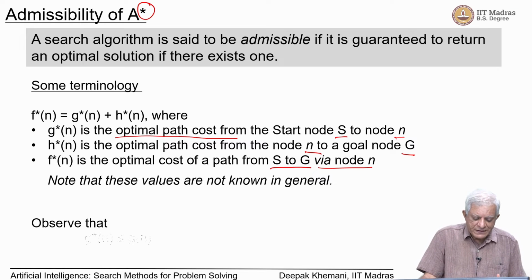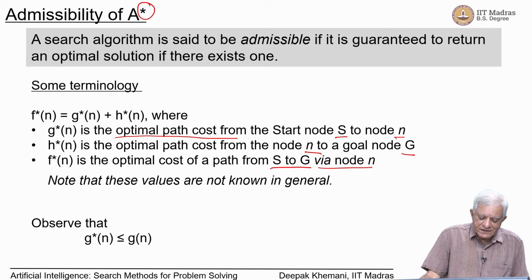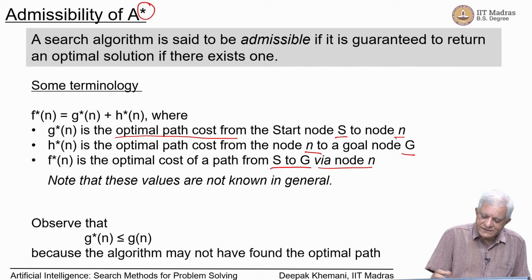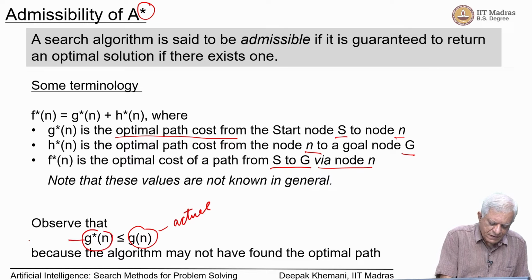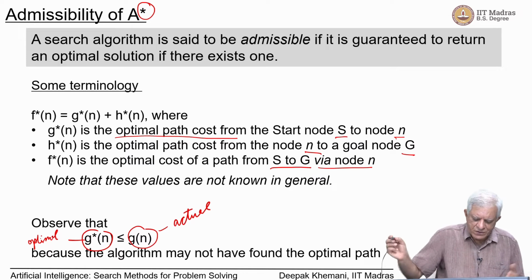Also observe that in general g star of n will be less than g of n. What is g of n? G of n is the actual cost. And g star of n is the optimal cost, but we may not know that.